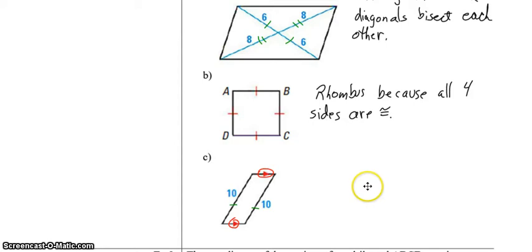But the thing is, it has to be the same side. Since these are not the same pair of sides, we have one pair of sides congruent, the other pair of opposite sides parallel. Can't say anything about it. So all we could say is that this is a quadrilateral. Nothing special at this time.